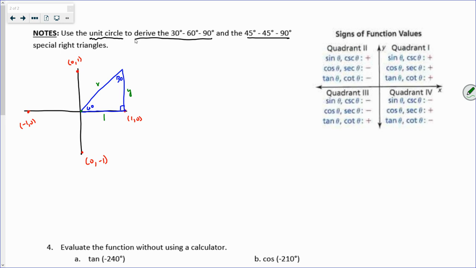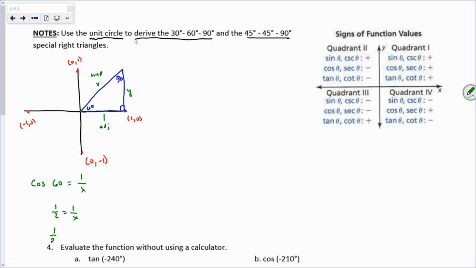So the first thing I'm going to do is a simple trig problem that goes cosine of 60. Cosine of a reference angle is adjacent over hypotenuse. If your calculator's in degrees and you take cosine of 60, you get 1/2 equals 1 over x.